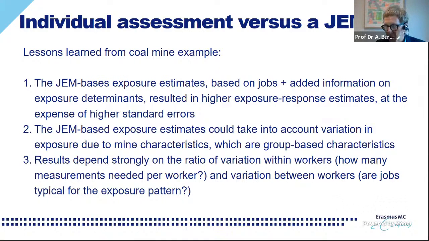And it pays off in a way, because if you have only a few measurements per worker, then the true exposure of that worker is probably not estimated that well, and you cannot distinguish one worker from another worker very well.